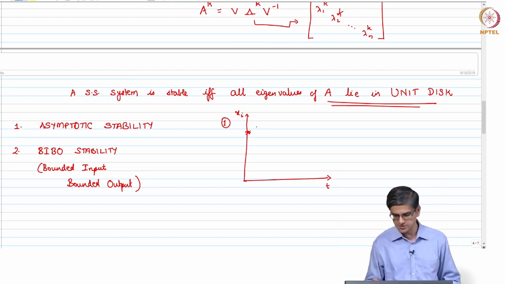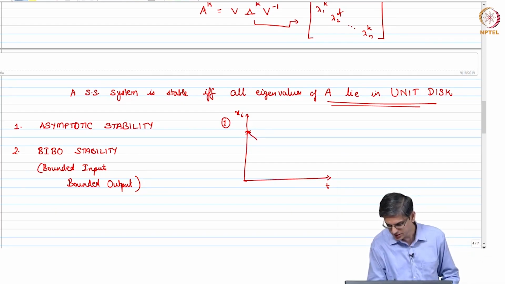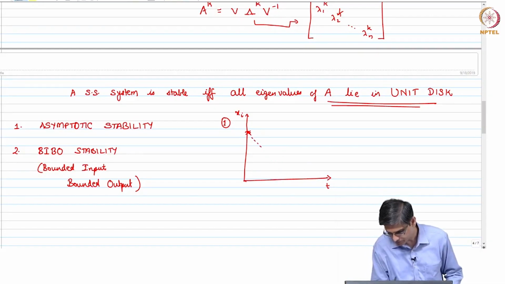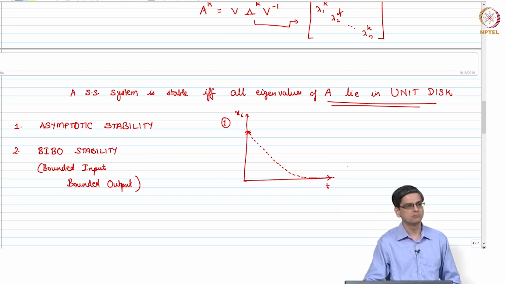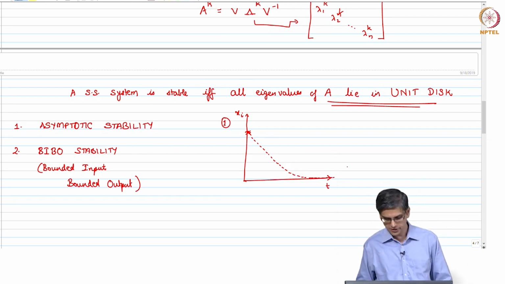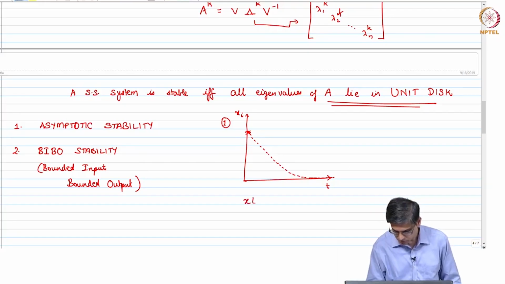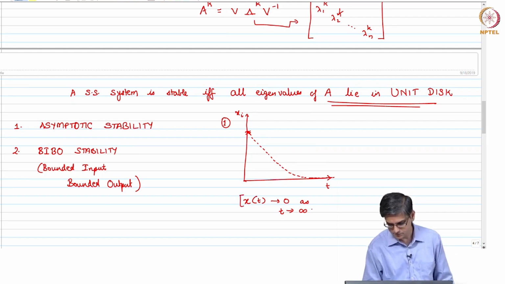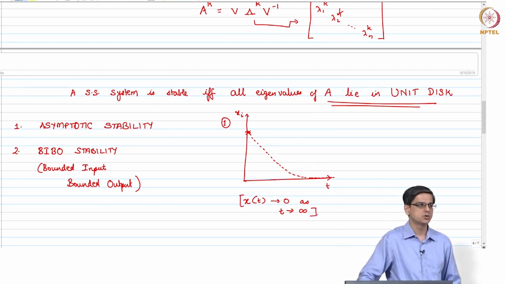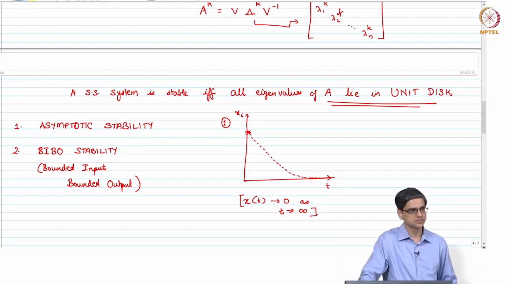Asymptotic stability means that eventually this x should come to the origin.